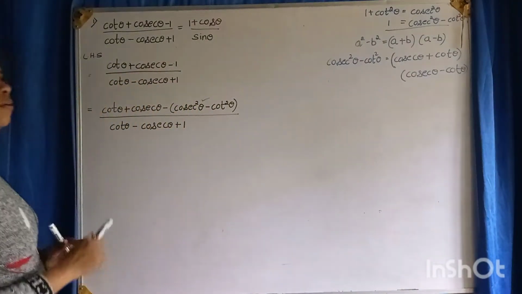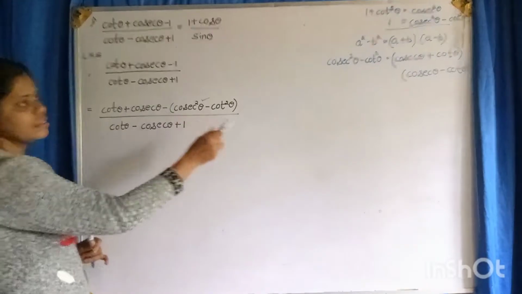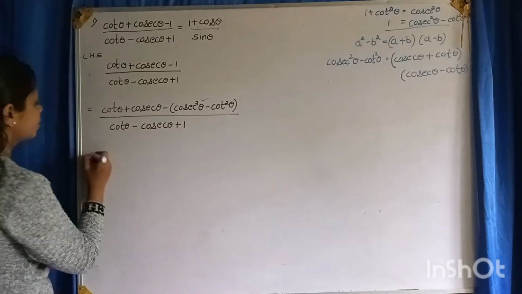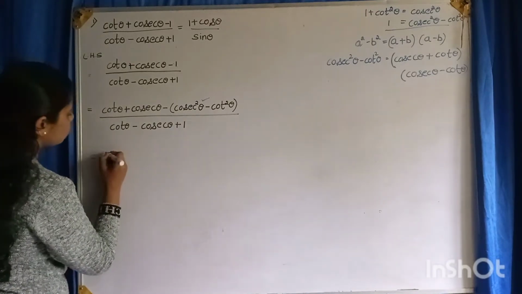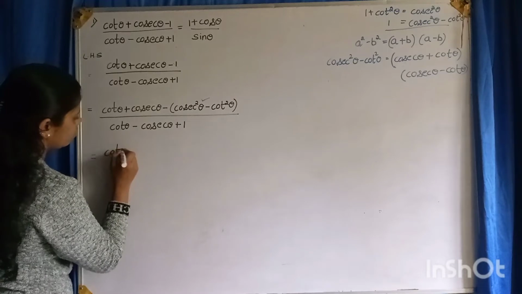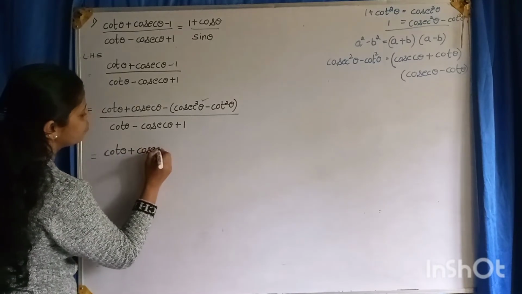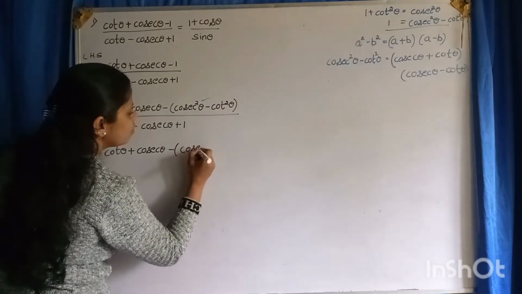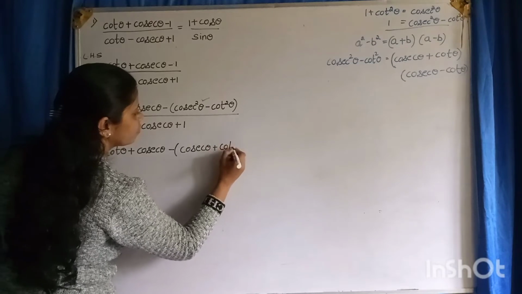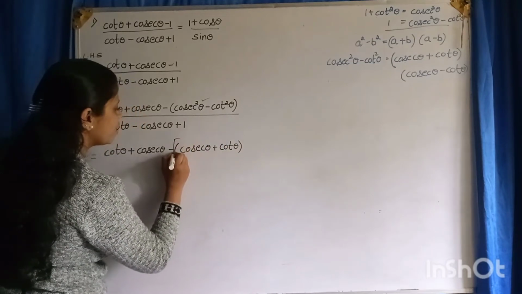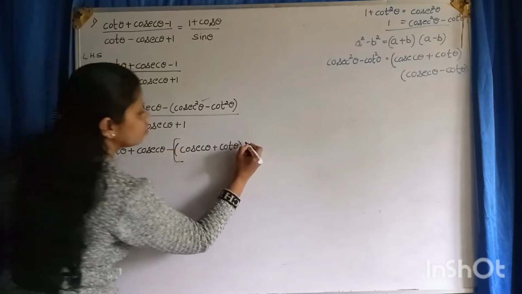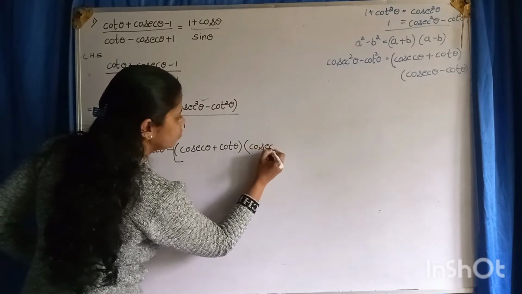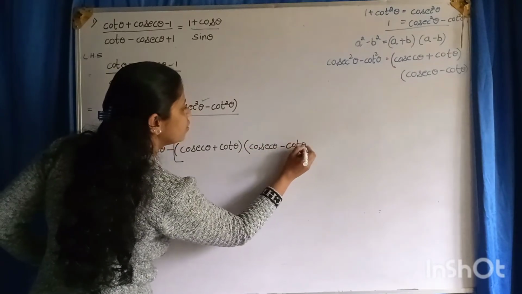Okay. Now replace this as cosecant theta plus cot theta into cosecant theta minus cot theta. Okay. That is cot theta plus cosecant theta minus (cosecant theta plus cot theta), again you take it in the bracket because you have minus sign here, into (cosecant theta minus cot theta), minus cot theta.